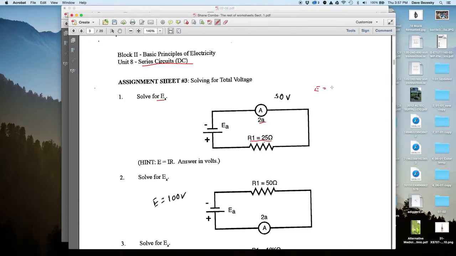E is equal to I times R, and we'll substitute in: EA is equal to I times R1. I is 2 amps, and R1 is 25 ohms. So that means the voltage EA is equal to 50 volts.